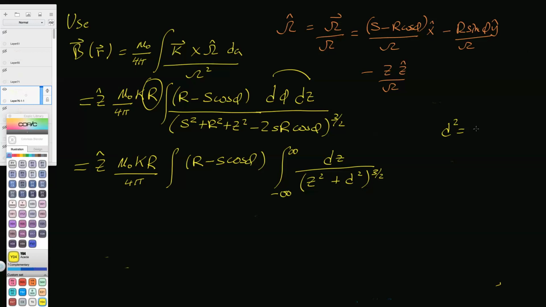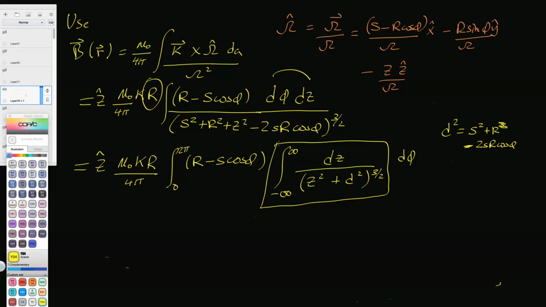So d squared is going to be s squared plus r squared minus 2sr cosine phi. Kind of the law of cosines piece. And of course, there's a d phi out here, 0 to 2 pi. But I'm just going to do this one right here.